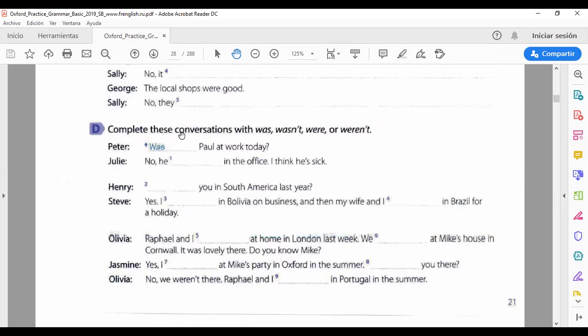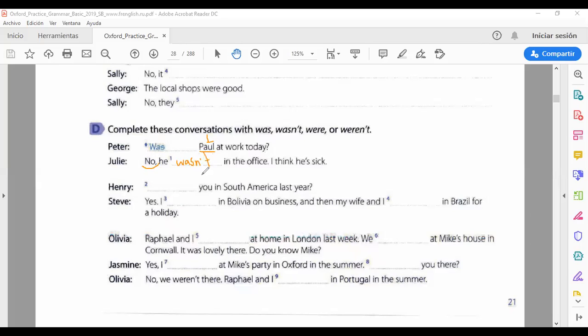Now, complete this conversation with was, wasn't, were, or weren't. And it's going to be very easy because Peter wasn't at work today. How do I know that I have to use was? Because I'm talking about one person, singular. No, he, because it's the negative form, I know that I have to use was plus not.